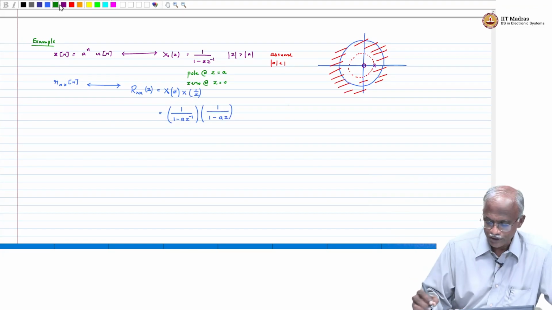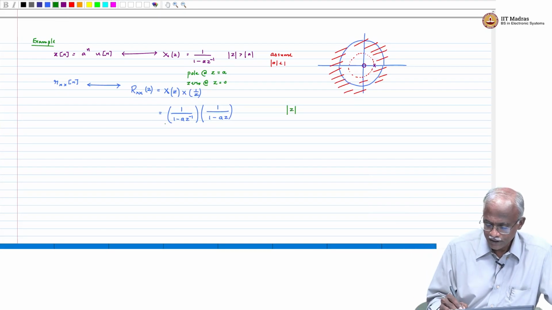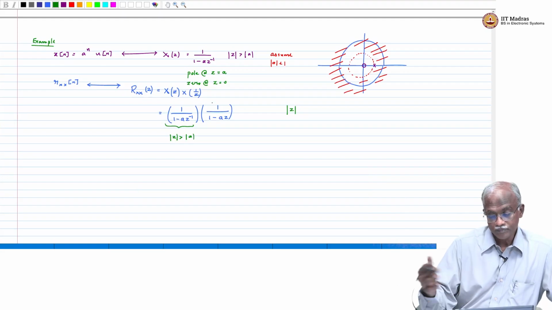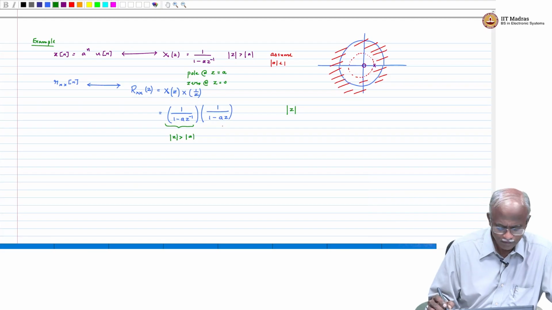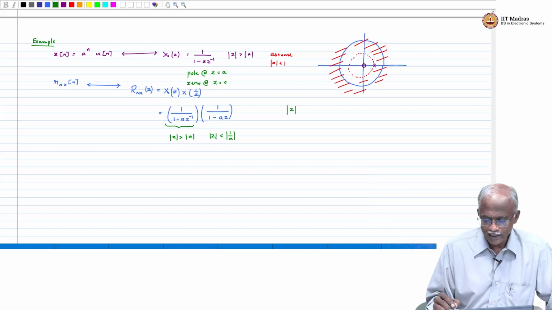What is the ROC? The ROC for the first term is mod z greater than mod a. For the second term, looking at the expression, mod z is less than 1 over mod a. So basically these are the limits, and the intersection of these two, both have to be satisfied.